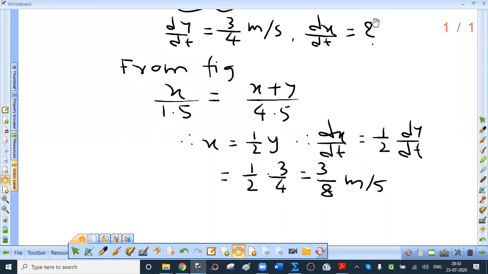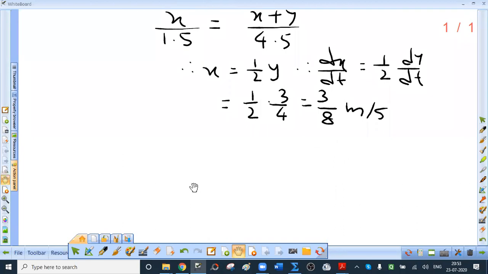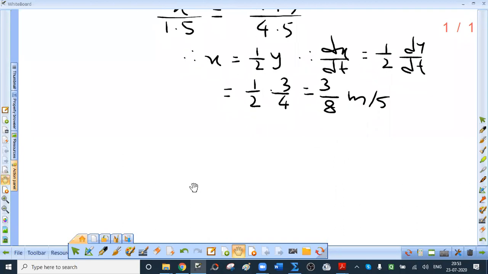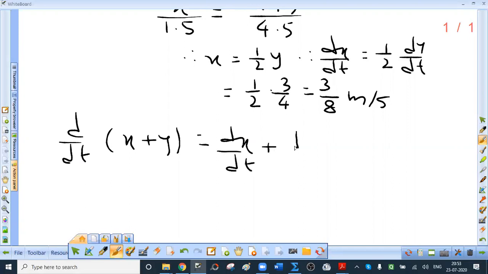Therefore, look at the screen, d/dt of x plus y equals dx/dt plus dy/dt, derivative of sum is sum of derivatives. dx/dt plus dy/dt is the rate at which the tip of the shadow is moving.